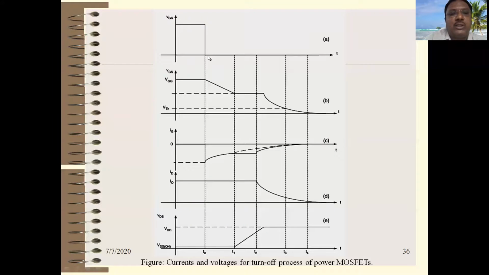At T0, if you see the first graph, that is A, your input voltage VGG is 0, right? If VGG is 0, what happens? The voltage starts to drop. If you see here, the VGS starts to drop from max to VGSP, right? And then it becomes constant, and after that it decreases to 0.